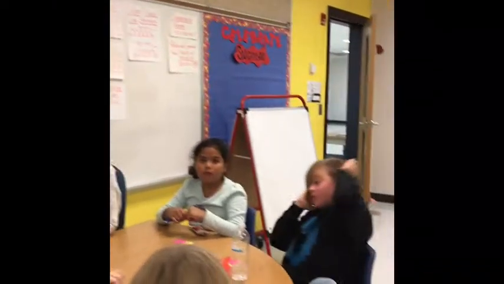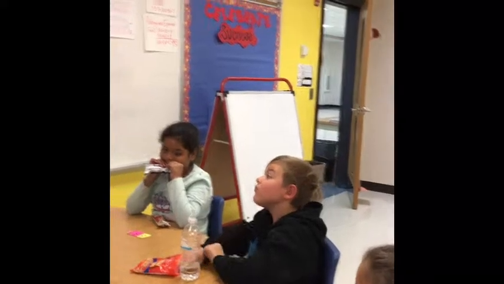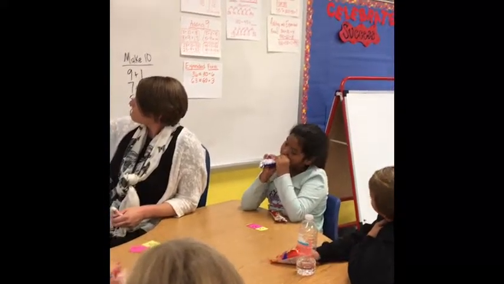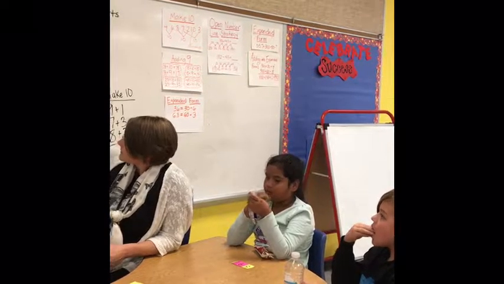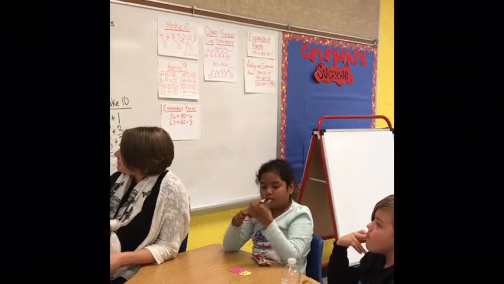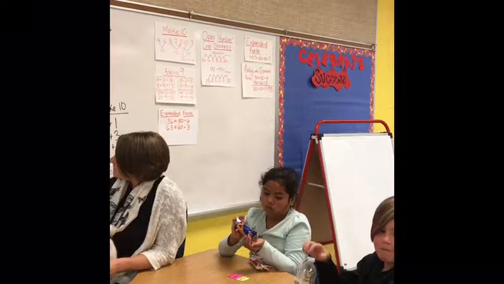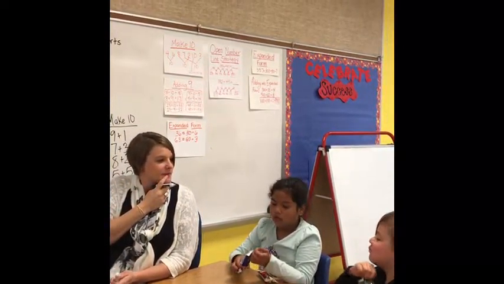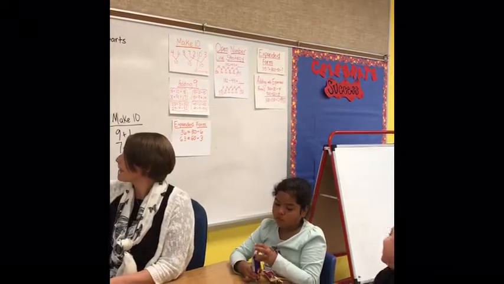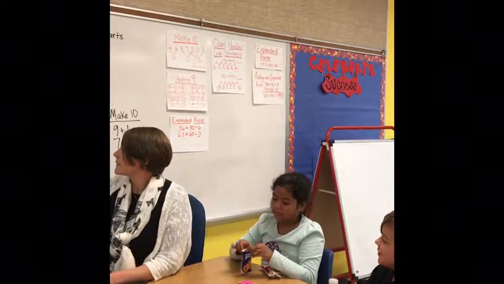Okay, Kennedy, what's yours? It is 22 equals 20, I mean 2 plus 20 equals 22. Good. Okay, what's yours? 10 plus 7 equals 17.